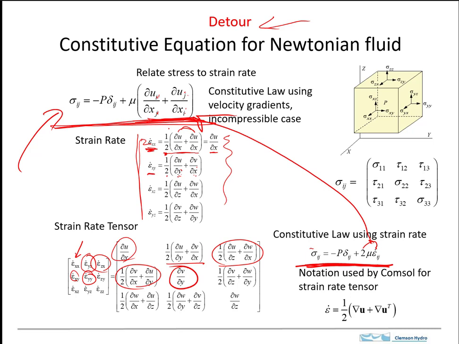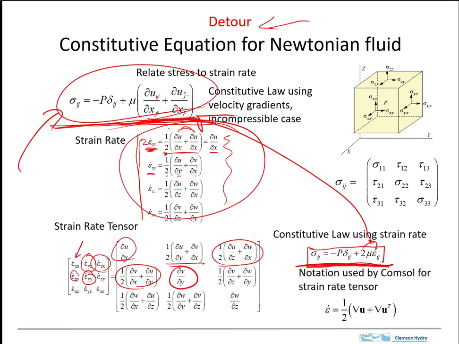So hopefully that's clear where this came from and then where this came from. Okay, so this is a constitutive law for the stresses in a Newtonian fluid written in terms of the strain rate in the fluid.